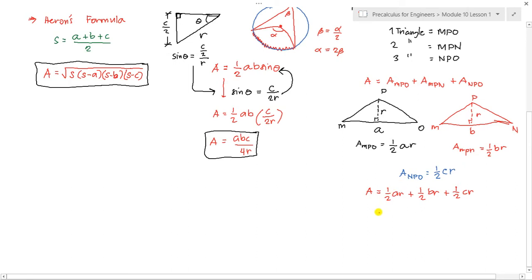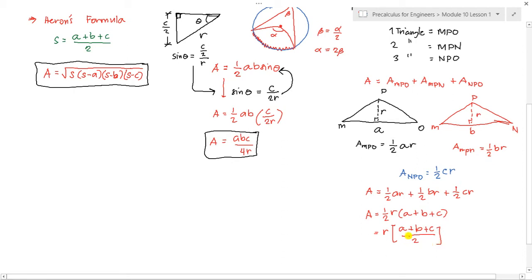So the area is equal to 1/2 times the radius R, multiplied by A plus B plus C. In this case, class, we can still further reduce this, if I combine 1/2 with these three sides, that is R multiplied by A plus B plus C all over 2.